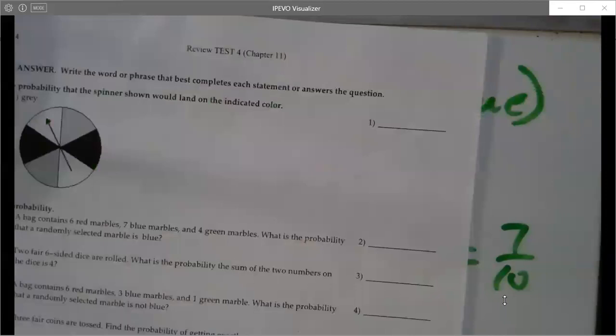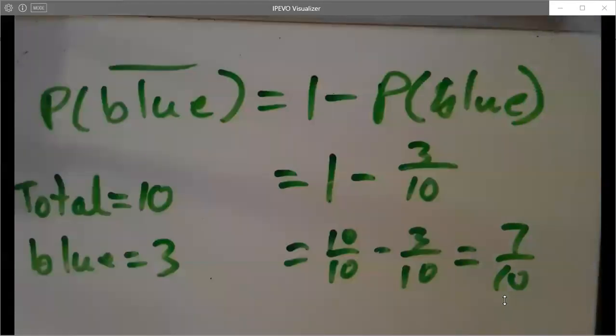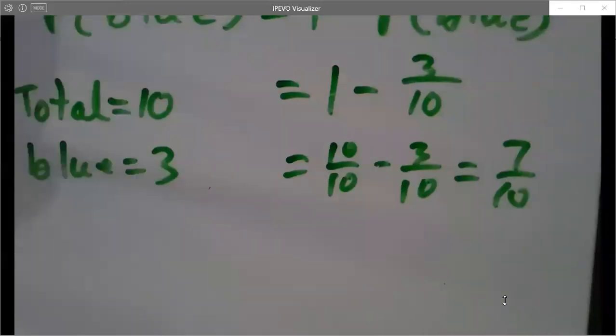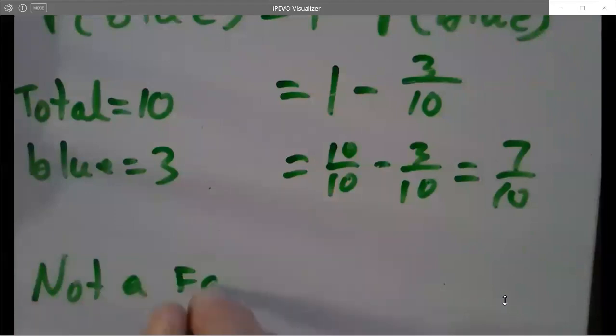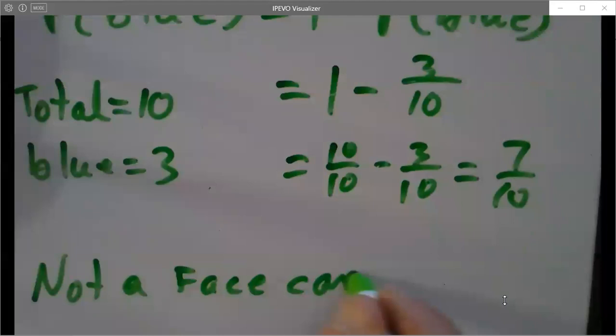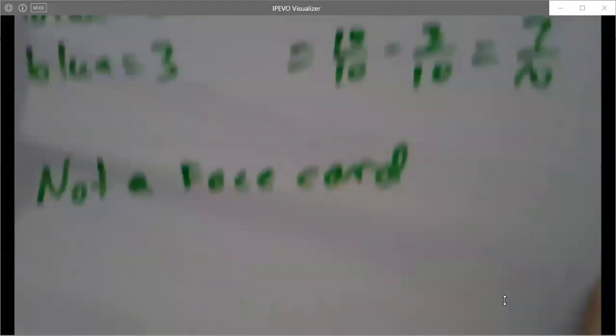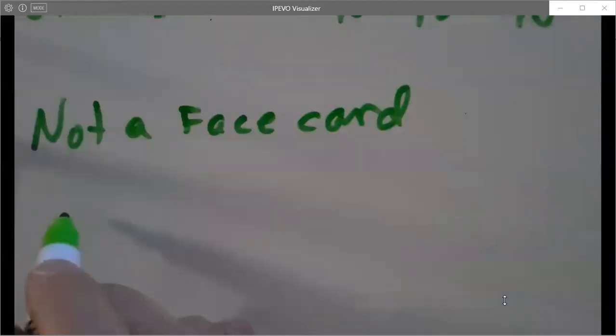For example, let's say you wanted to find the probability of not drawing a face card in a deck of 52 cards. Right offhand, you don't know how many face cards there are.